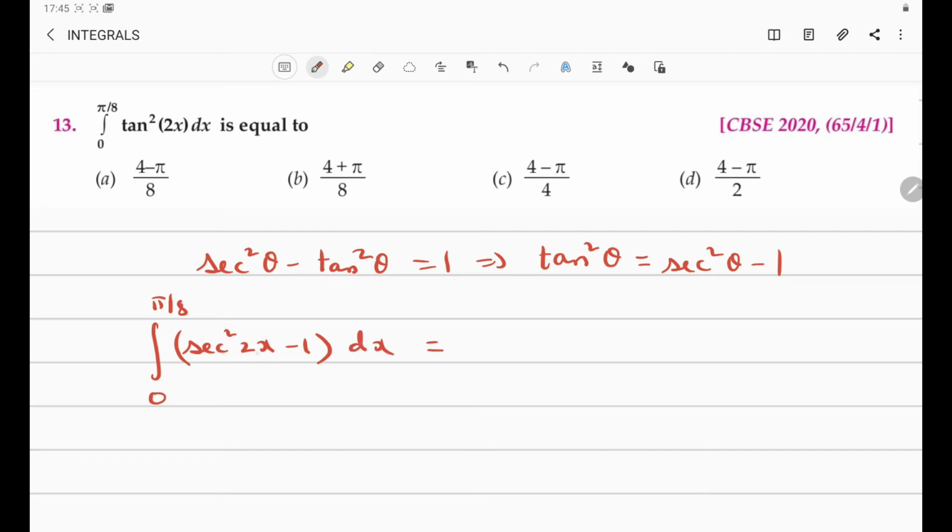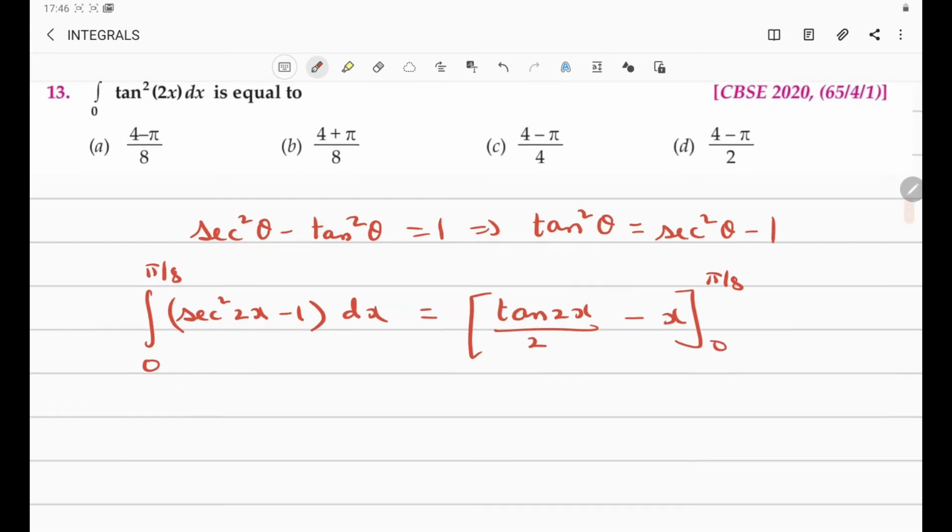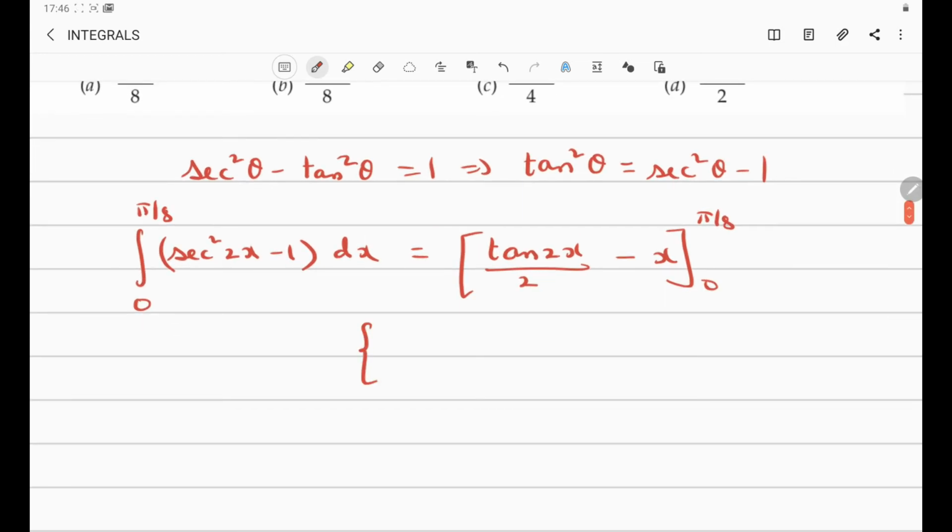So integral of secant square 2x is same as tan 2x divided by coefficient of x, that is 2, minus integral of 1 is x. We substitute the upper limit and lower limit, pi by 8 and 0. So on substituting the upper limit, we get tan 2 into pi by 8 is pi by 4, by 2, minus pi by 8, and on substituting the lower limit, tan 0 is 0 minus 0.